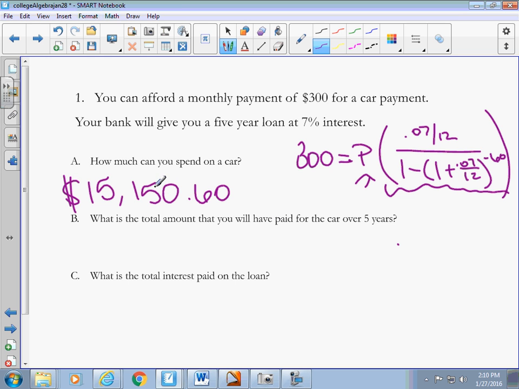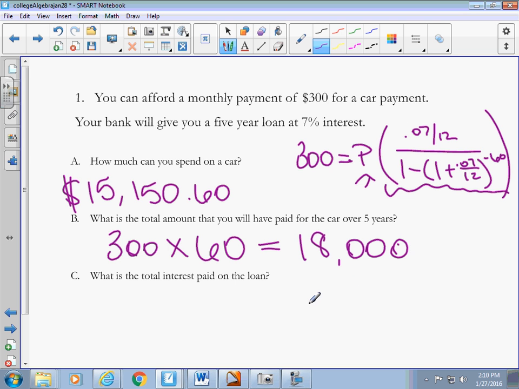Multiply $300 by 60. That's how much I'm paying every month, right? Which is $18,000. So in that 5-year time span, I've essentially given up $3,000.